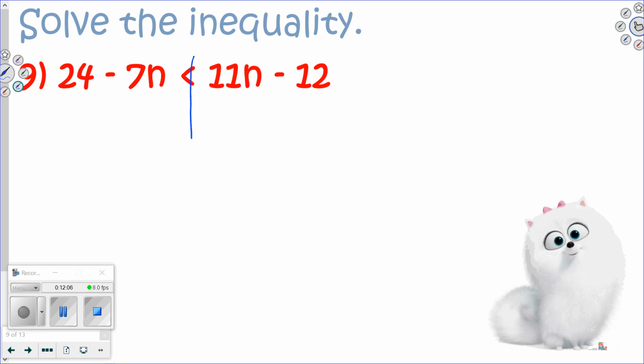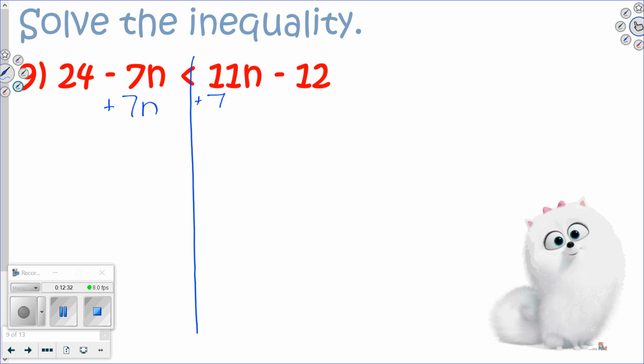All right, so number 9. So I don't have any like terms. What should I move? Negative 49, your like terms. There's no like terms. You want to move the 24? Some people, you can move that. It's not wrong. I'm going to move my n's.